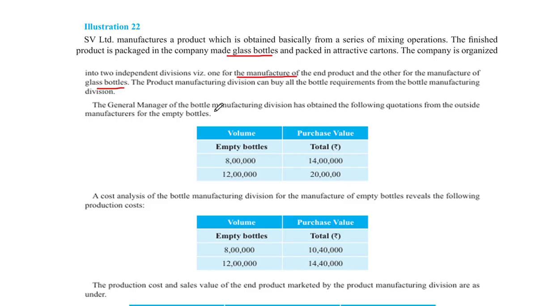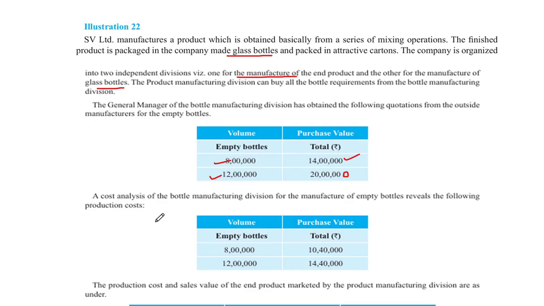The general manager of the bottle manufacturing division has obtained the following quotation from the outside market for empty bottles. For 8 lakh units, the market price is 14 lakh rupees, and for 12 lakh bottles, the market price is 20 lakhs. A cost analysis of the bottle manufacturing division for the manufacture of empty bottles reveals the following production cost.